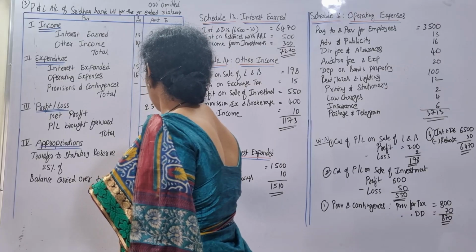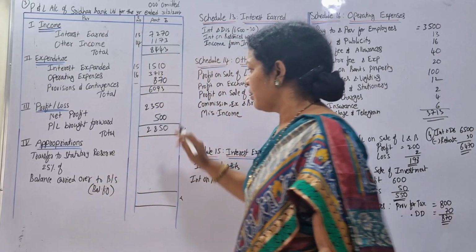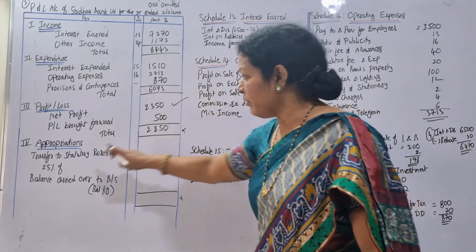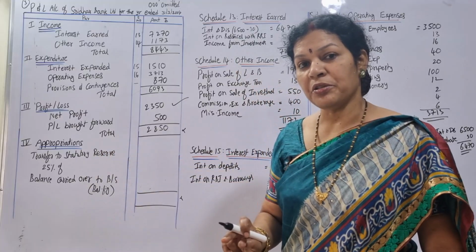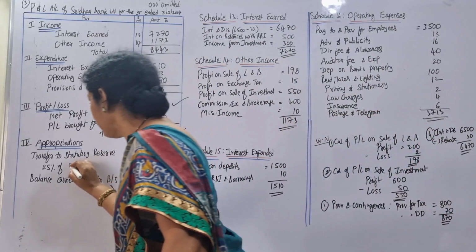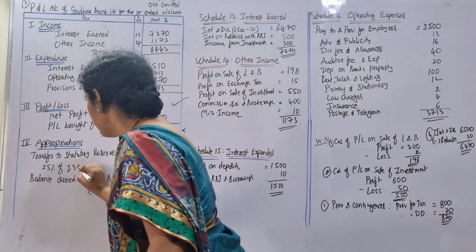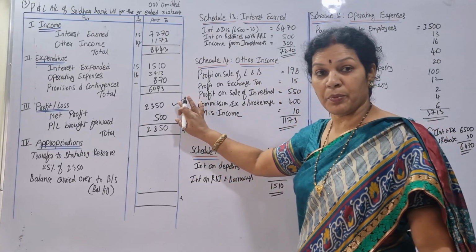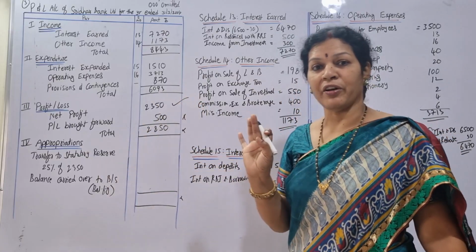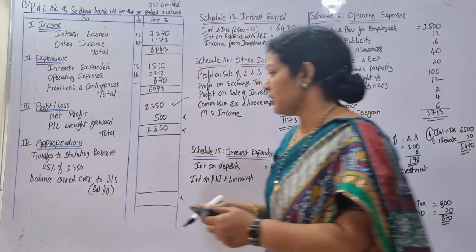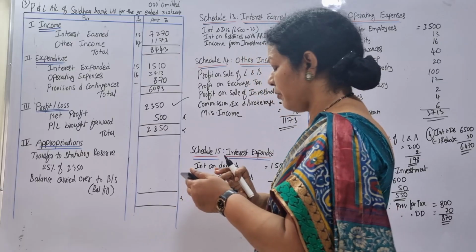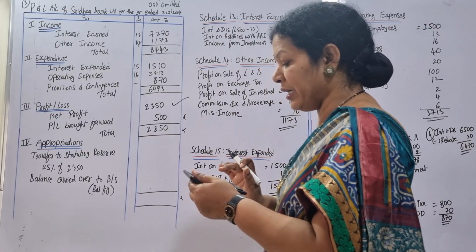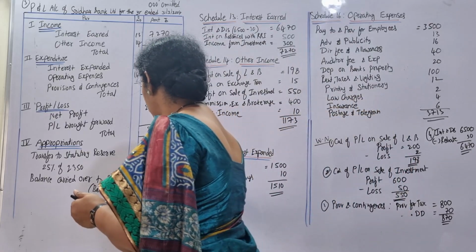So total profit and loss is here 2850. Okay. Now out of this net profit, 25% is to be transferred to the statutory reserve. So 2350, please remember, don't touch this one, this is last year's. This year's profit only, 25% we are forwarding to the statutory reserve. So 2350 into 25%, 587.50.